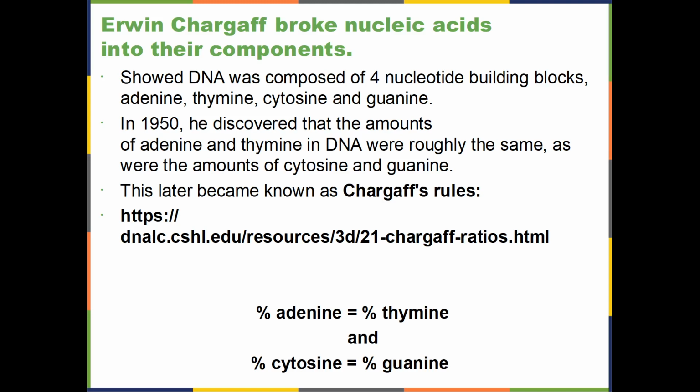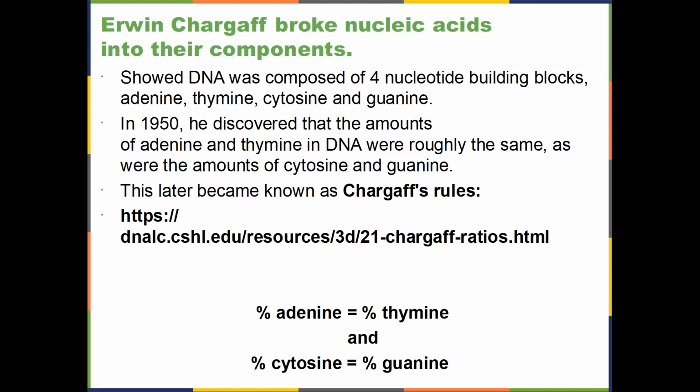And he found there were 4 nucleotides that build up DNA: adenine, thymine, cytosine, and guanine. He also found that you had roughly the same amount of these in samples from the same individual, samples from the same species, but when you went to different species, they would come in different amounts, the 4 nucleotides, right?